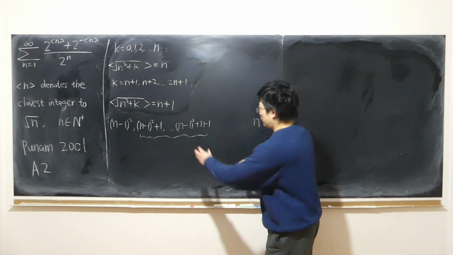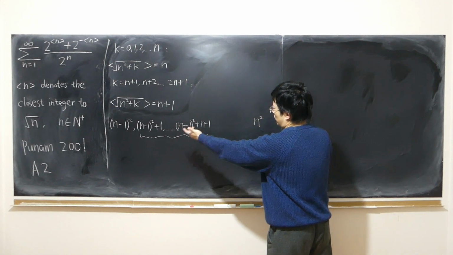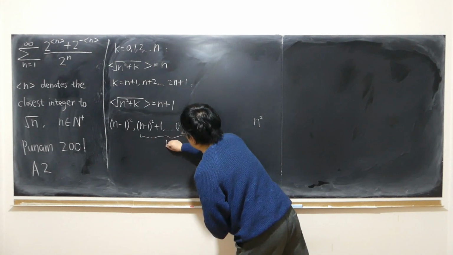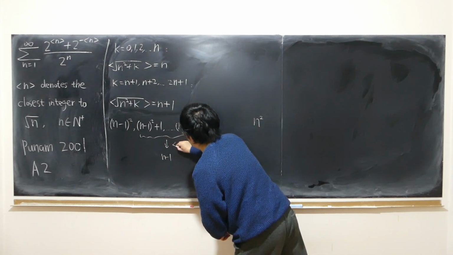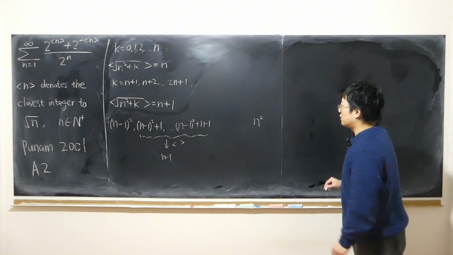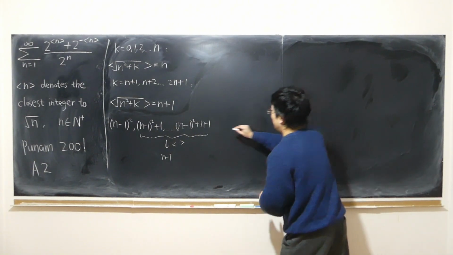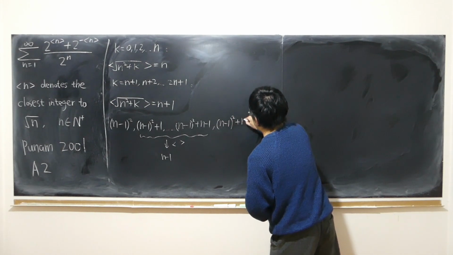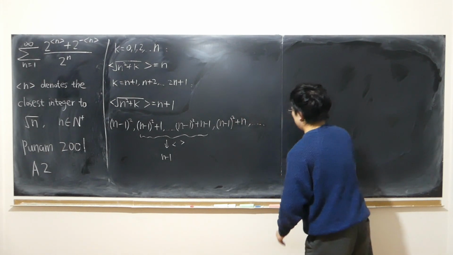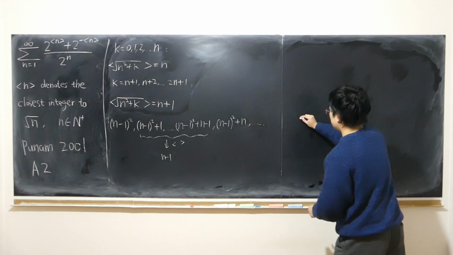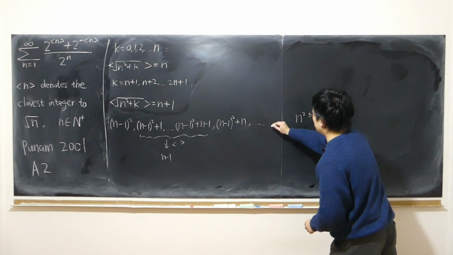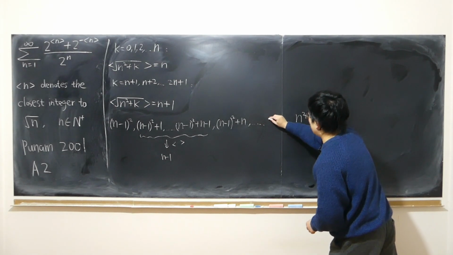Like I said, for the first half of the numbers, the closest integer to the square root would equal n minus 1. Then the next number would be this number, all the way up to n squared minus 1.